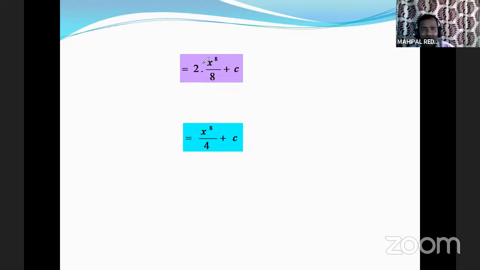Two ones are two, two fours are eight, so this is x power 8 by 4 plus c. So the given integration of 2 into x power 7 dx equals x power 8 by 4 plus c. Here c is any constant.